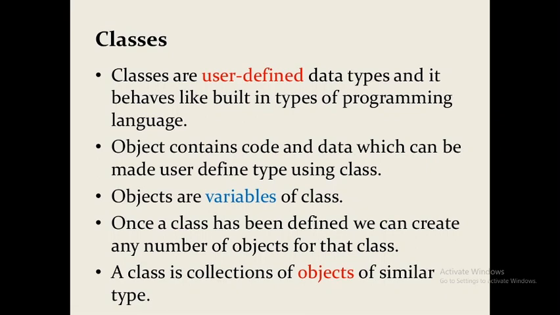Once a class has been defined, we can create any number of objects for it. A single class can have n number of objects. In other words, a class is a collection of objects of similar type. So this is regarding classes.